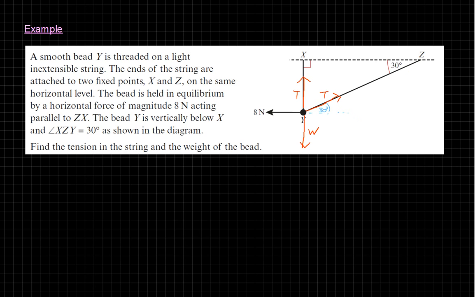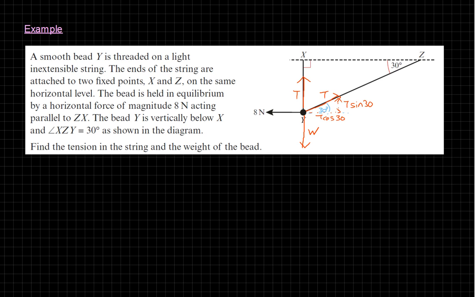What we know then, from what we spoke before, is that the adjacent side is T cos 30, and the opposite side is T sin 30. So we can just break it into those components. And now we can resolve all of the forces horizontally and vertically, and we know that they'll add up to 0, because the bead is in equilibrium.